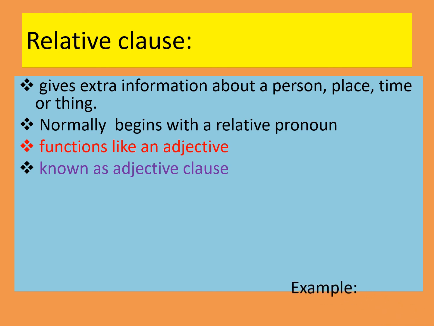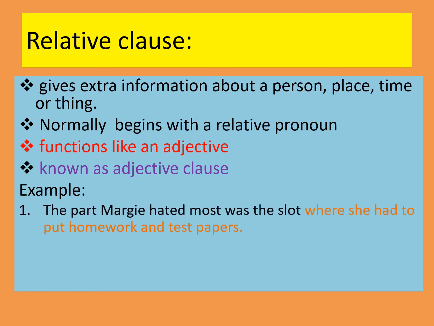Let us see an example. To understand these four rules, we will see an example. The part Margie hated most was the slot where she had to put homework and test papers. So here, where she had to put homework and test papers is a relative clause. It is giving extra information about the noun slot.